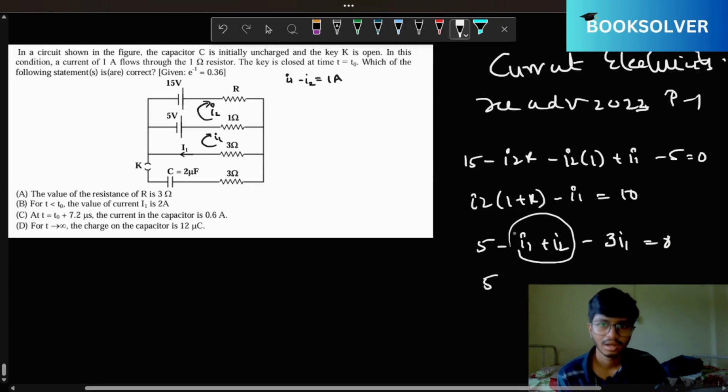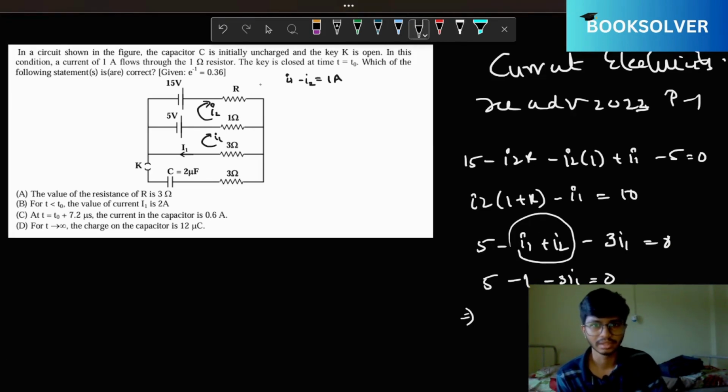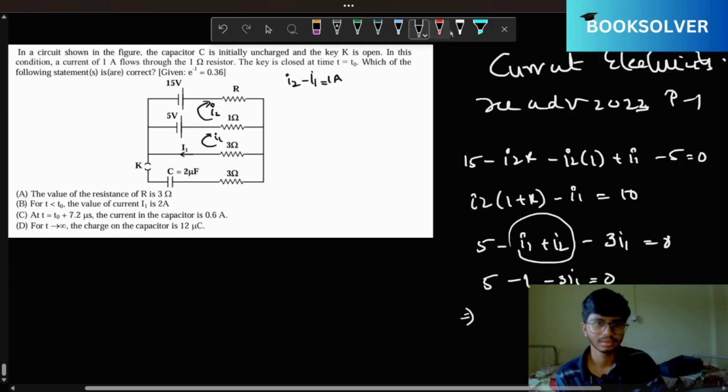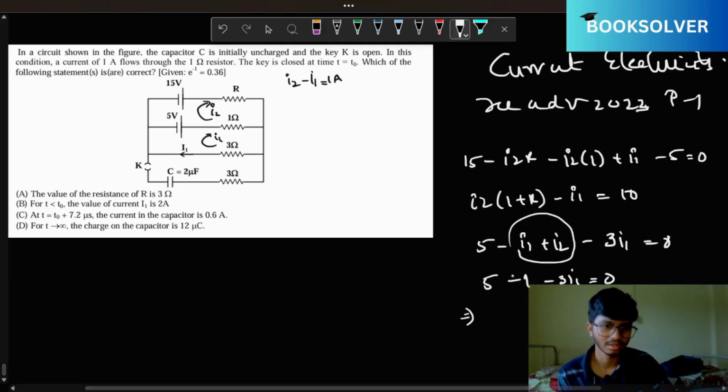So 5 minus 1 minus 3I1 is equal to 0. Sorry, we have I2 minus I1 equal to 1 ampere. So this would be plus 1. So we get I1 to be equal to 2 amperes.